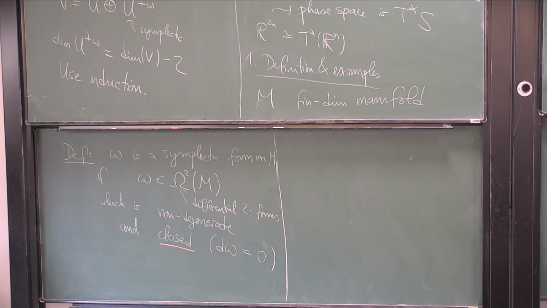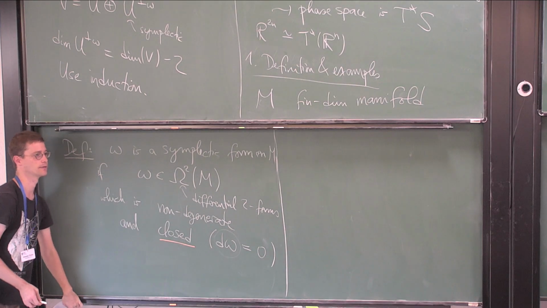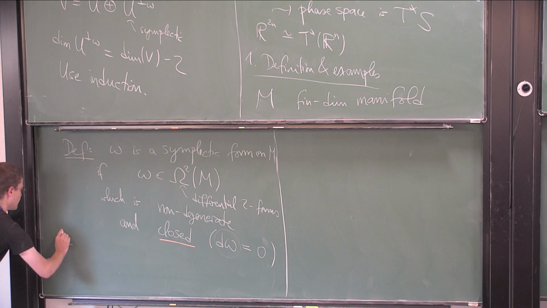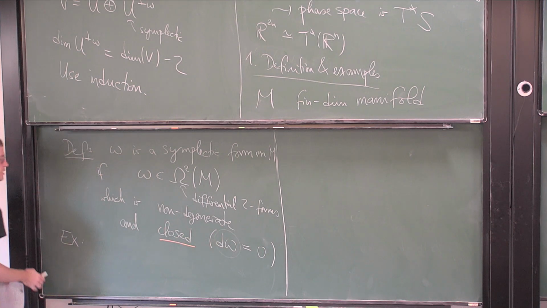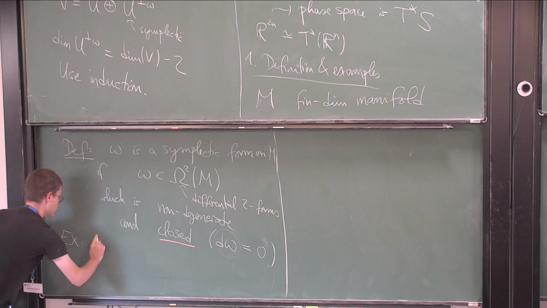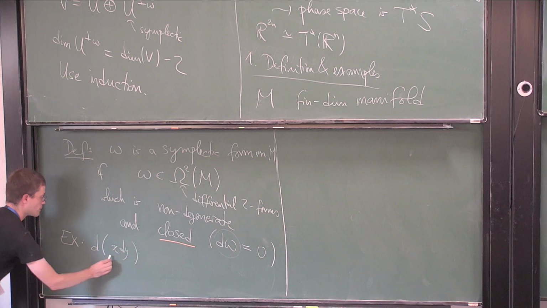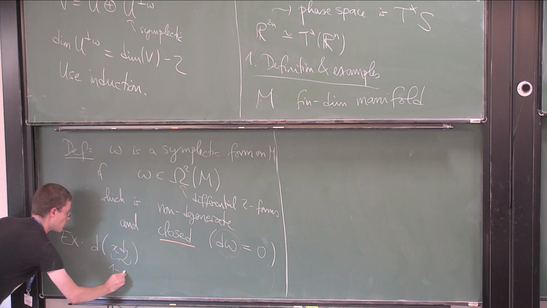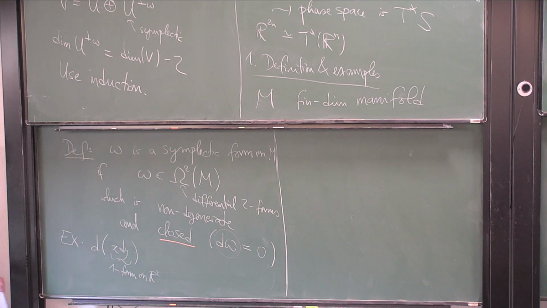I'm not sure if everybody knows exactly what this differential means, so let's do some examples. This differential is defined for any kind of form. Here we have a 2 form, but let's define the differential of, for example, x dy. This is a 1 form, say on R2. What is its differential?